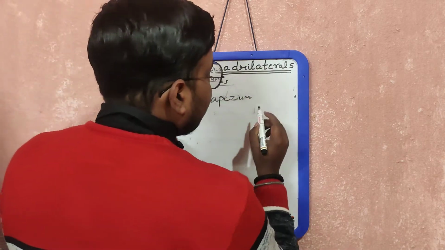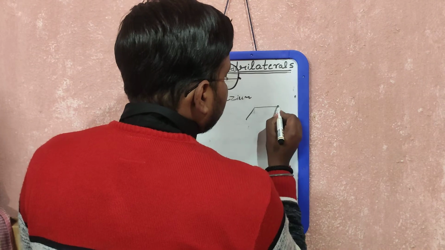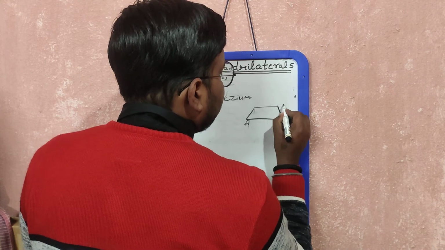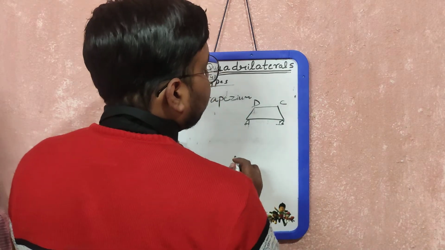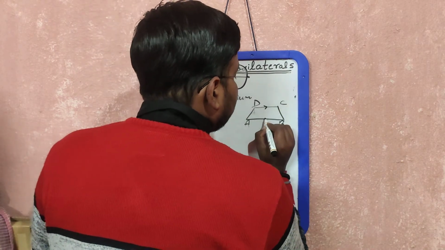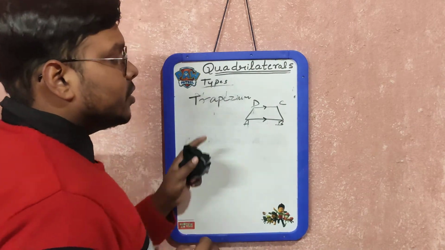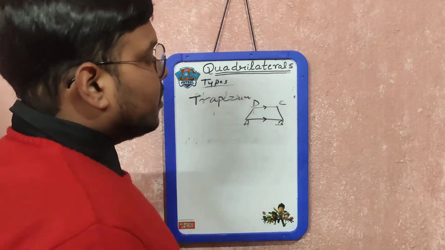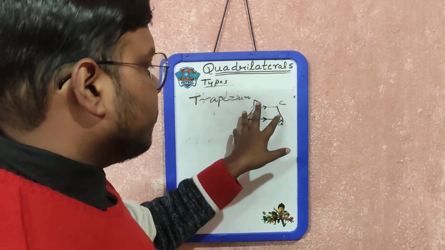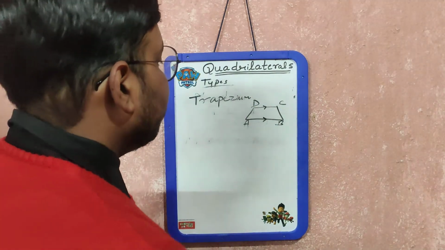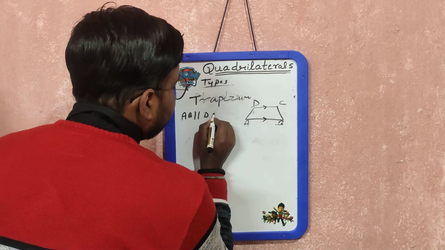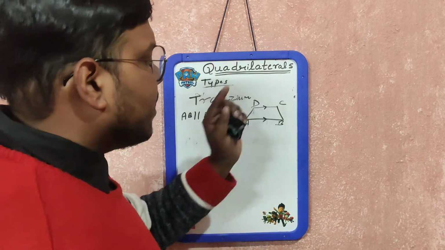In a trapezium we draw the figure like A, B, C, D. Here one pair of opposite sides is parallel to each other, whereas the other pair of opposite sides is non-parallel. Here AB is parallel to DC and AD is non-parallel to BC.